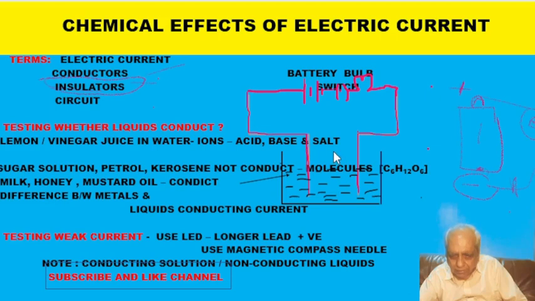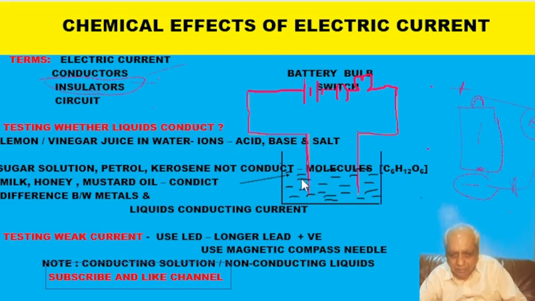So in case there is some fault in the switch, the electricity will come up to the switch. When you touch it, it will pass through the body, you will get an electric shock. Okay. So tap water is a good conductor of electricity. So tap water, we say, conducts electricity.